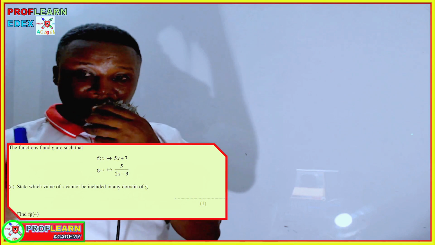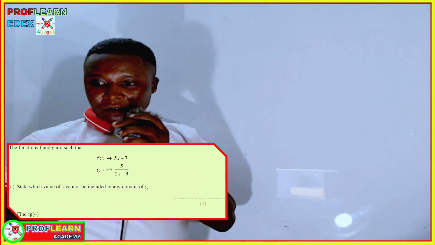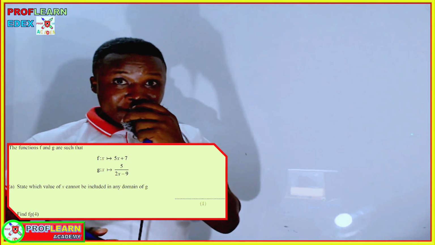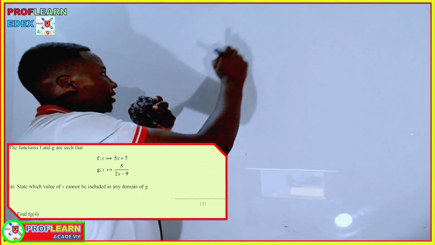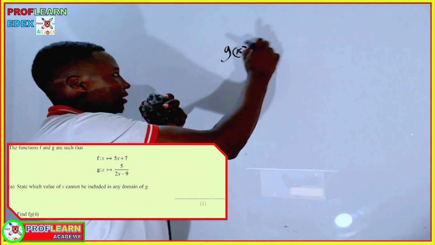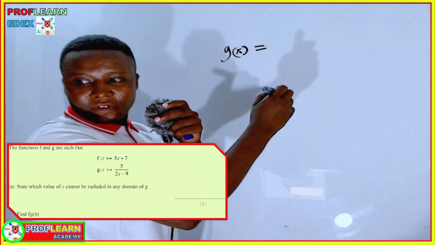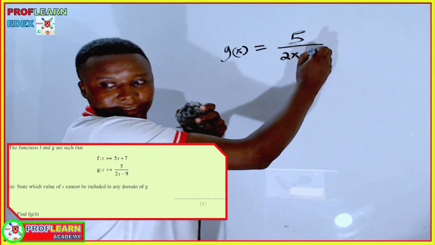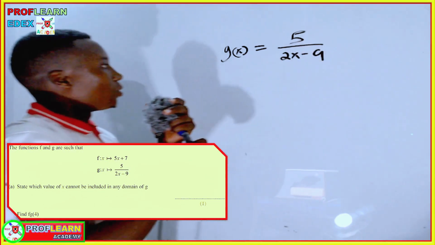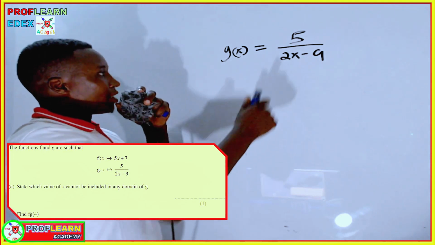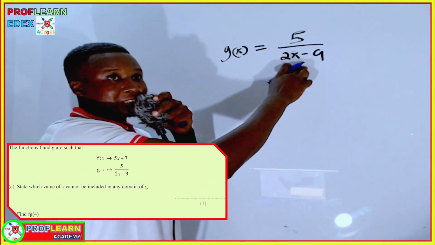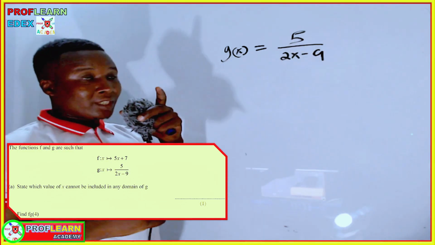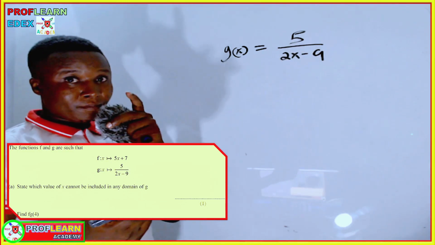But if you have a fraction, for instance here, we are told to state which value of x cannot be included in the domain of g. g is a function given here, and g is given as 5 over 2x minus 9. So the value that should be excluded is a value that results to 0 at the denominator, because if you put 5 over 0 in your calculator, that will be a math error.